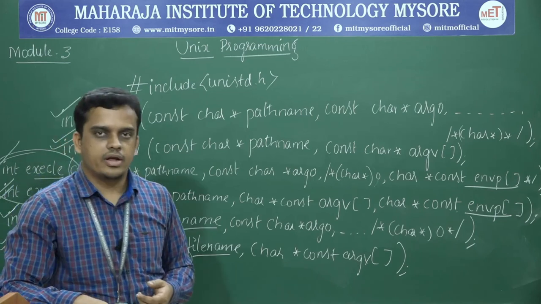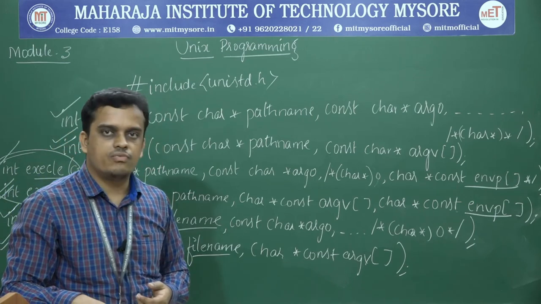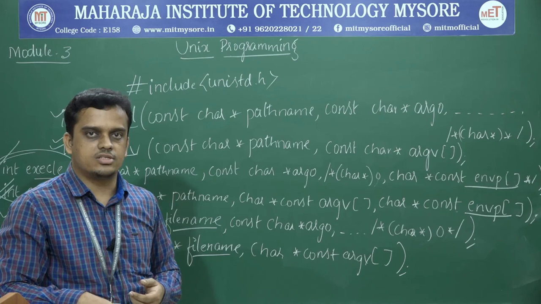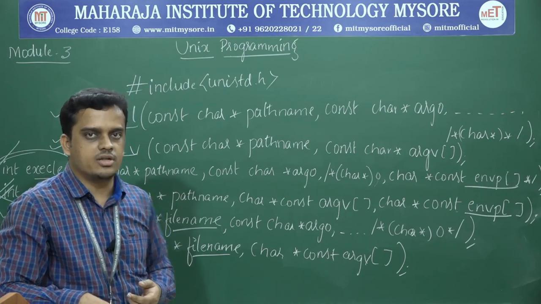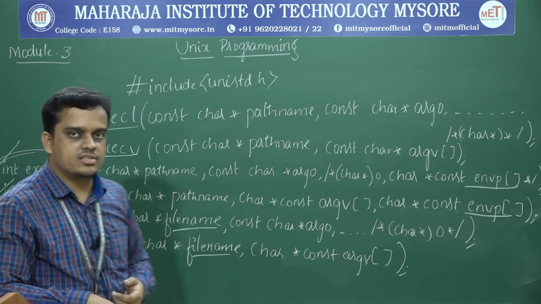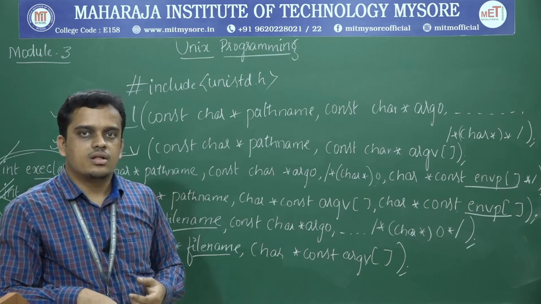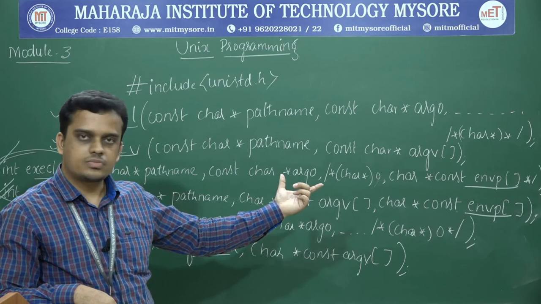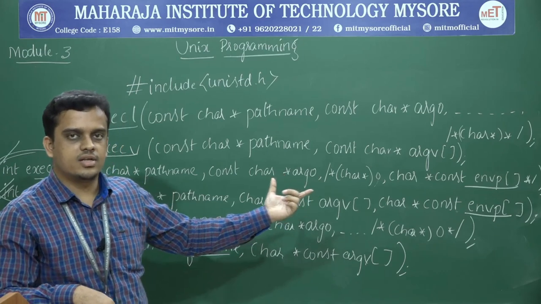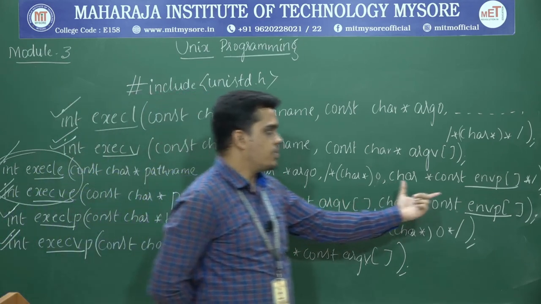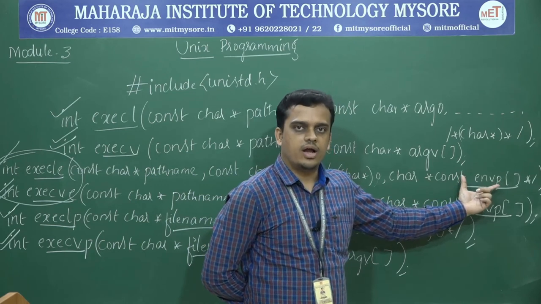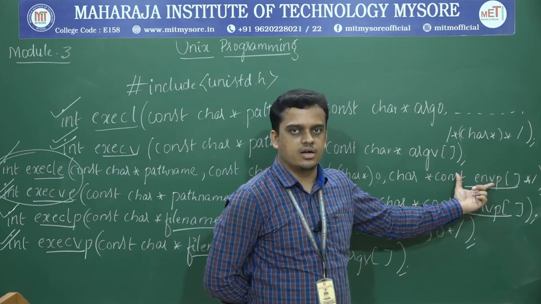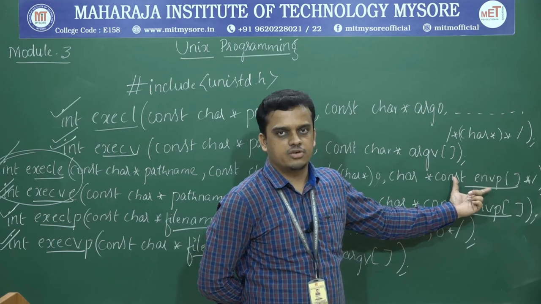An array called environment variable will be passed with these 2 different forms, that is exec LE and exec VE, where the environment variables can also be passed in the same argument list itself. That is, the last argument represents the environment variable, and that array will be passed in the third argument of this particular exec form.